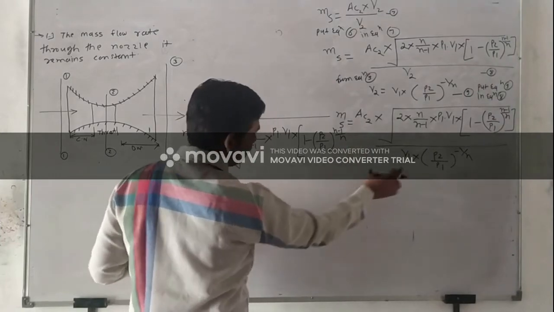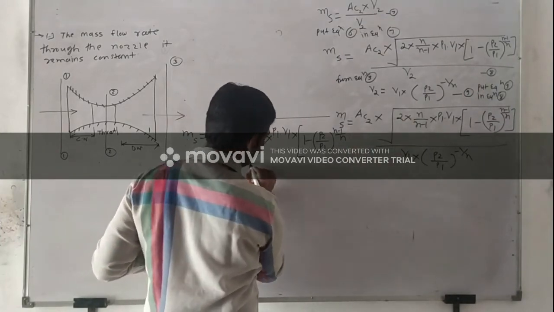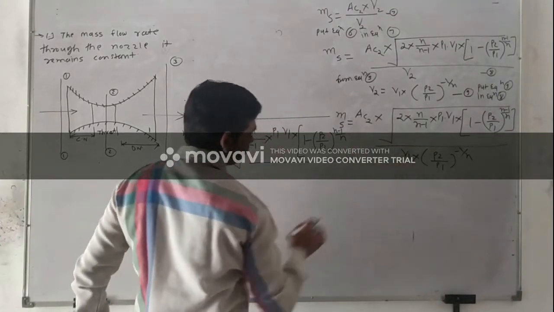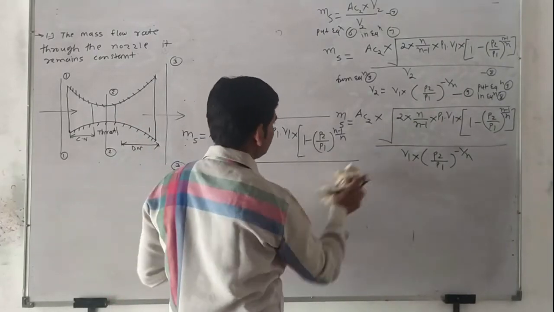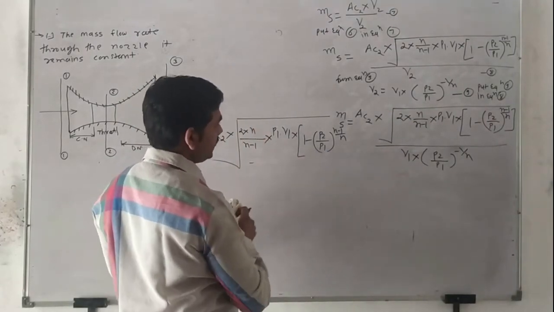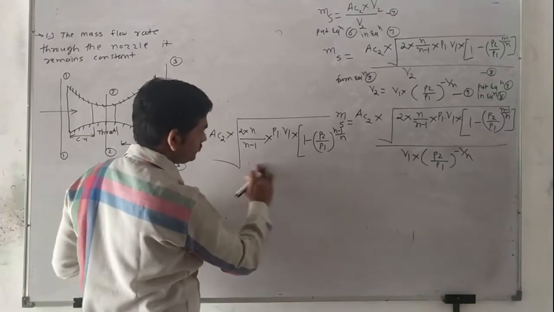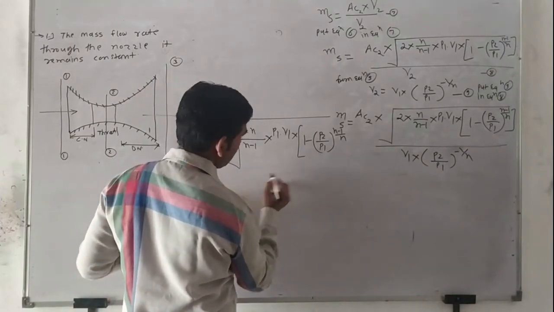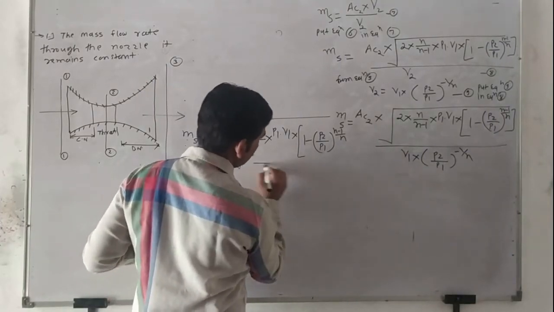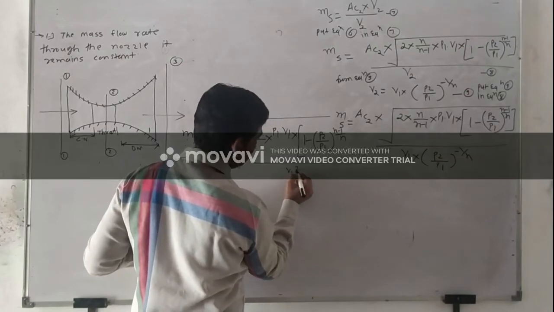And this term goes into the square root. I erase this thing also. So this V1 goes into the square root, so here we have V1 squared.